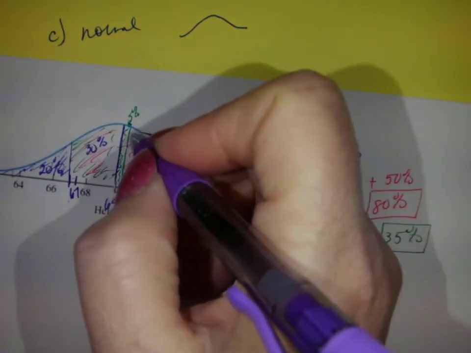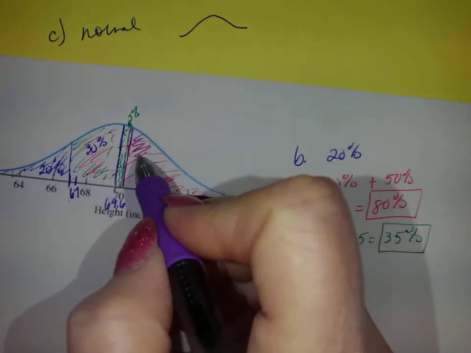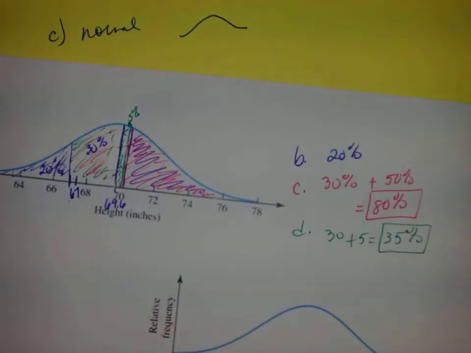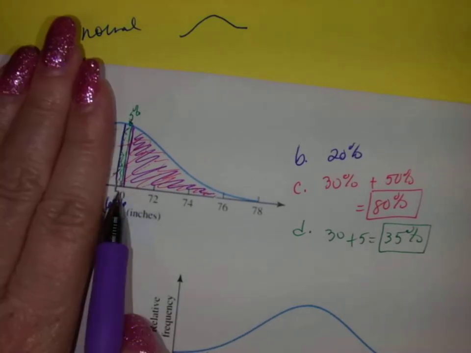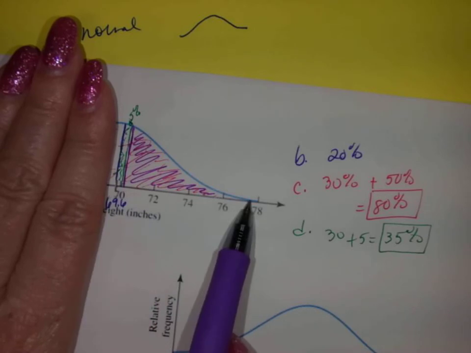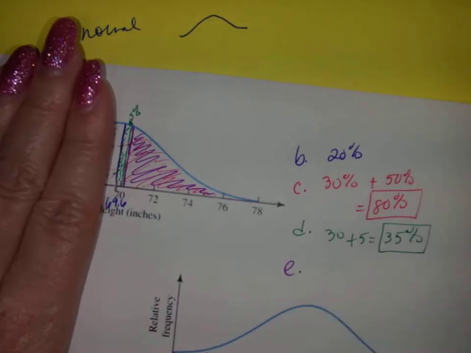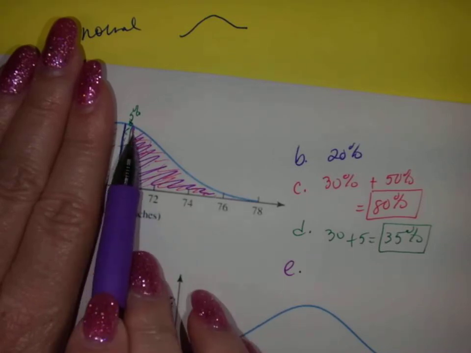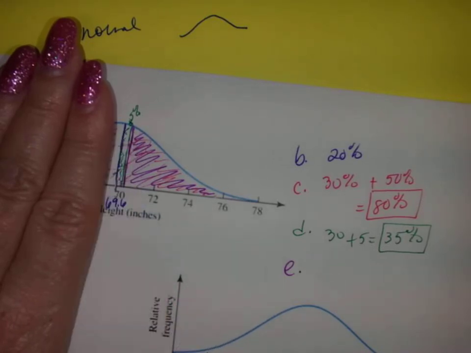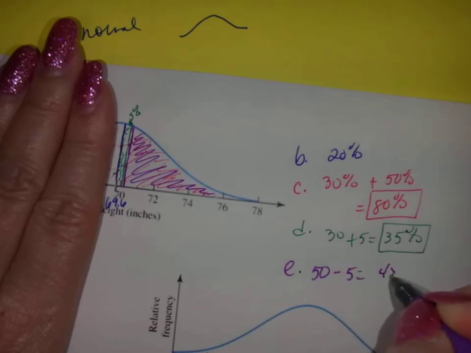So I'm looking at now from this 70 point, and we're looking at above the 70. So 70 and above. Well, we talked about that from 69.6 up, that's 50%, right? So if this is 50%, and we've already said this is about 5%, then I can take my 50 minus 5 and get 45%.